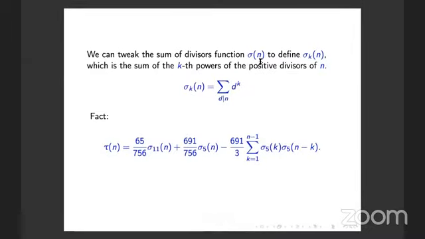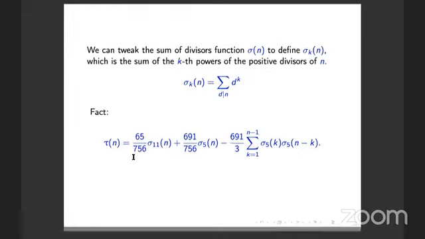And here are some facts about tau. All of this, again, Ramanujan knew. So tau of n has this property involving sigma 11, where sigma 11 is this sigma k, and so on. Just look at this complicated formula. Ramanujan already knew it for some of the small n. I told you that he had computed the values of tau for small n's, and he saw this pattern for some of them.